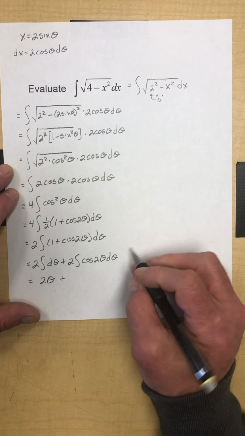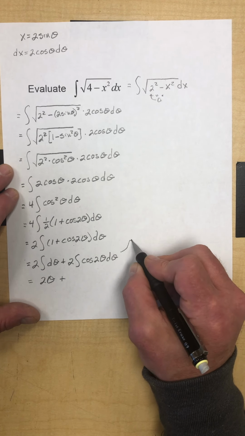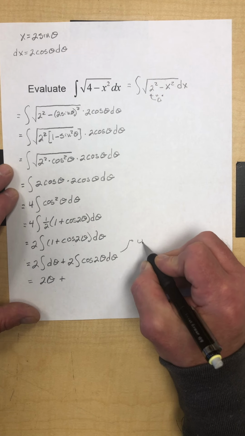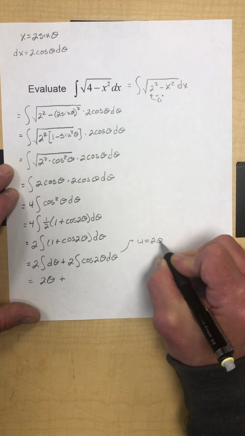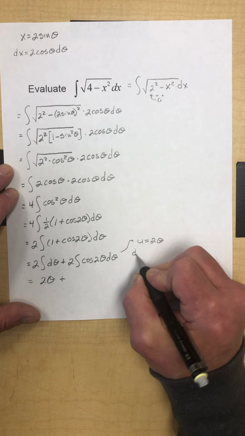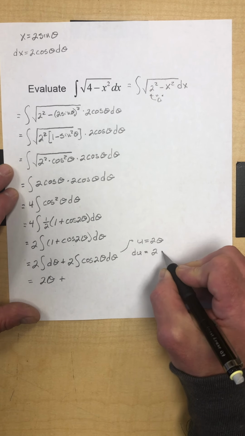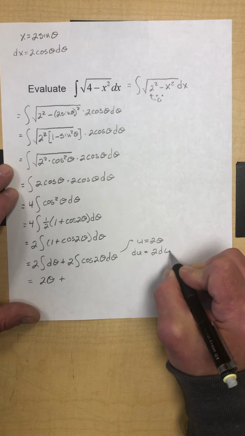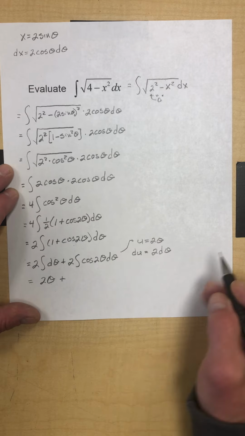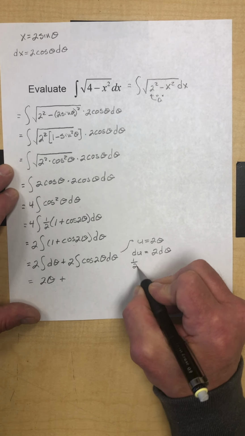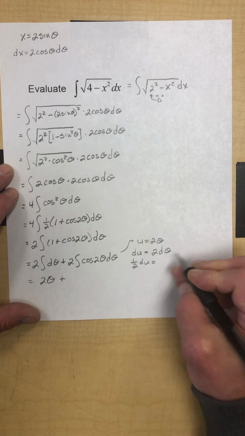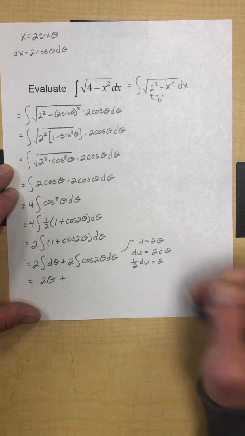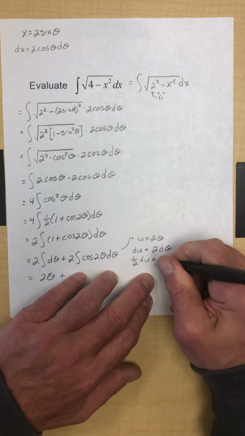So I've got to use u substitution here. If I let u be 2 theta, then my du is 2 d theta, but I want it to be d theta, so I get 1/2 du equals d theta.